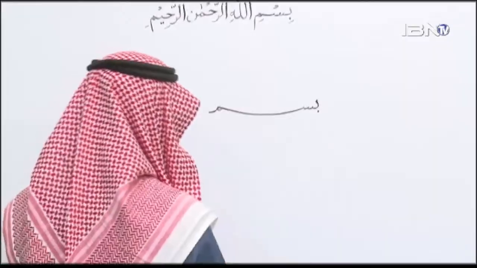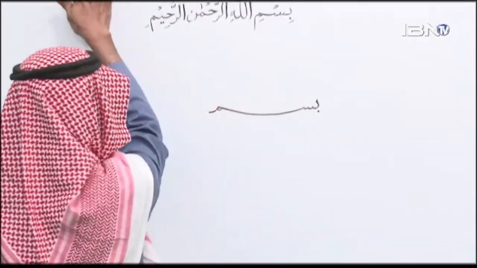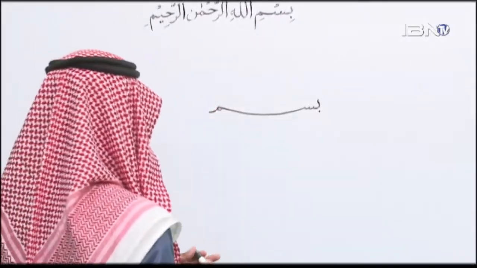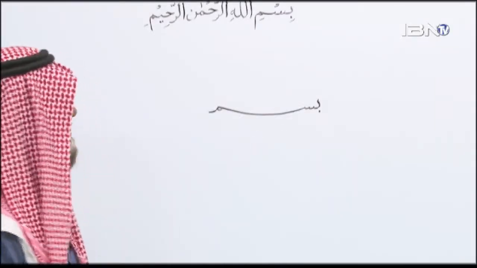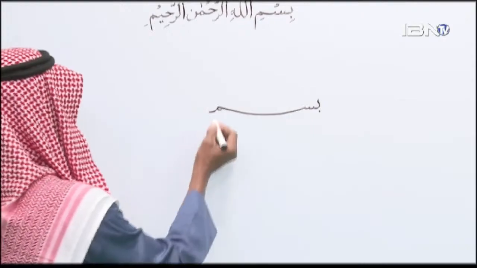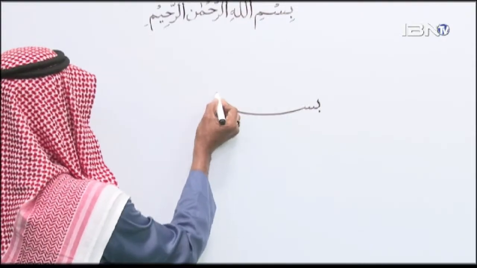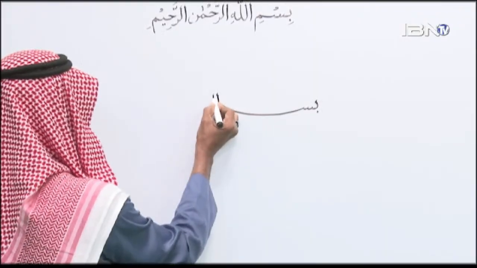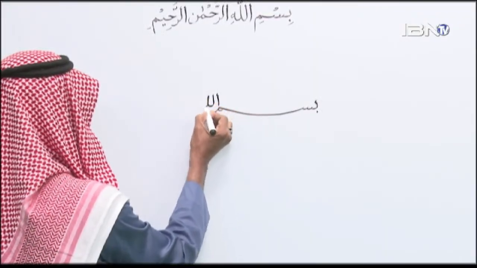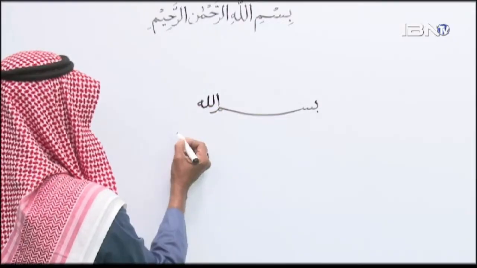And if you're just looking at the Bismillah, which appears at the beginning of every chapter of the Quran, you may have the alif coming right above the mim and the lam and the ha.